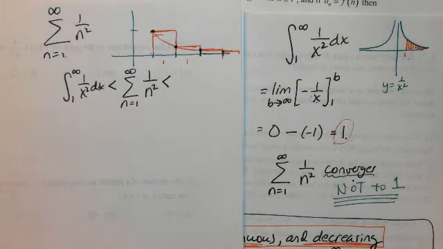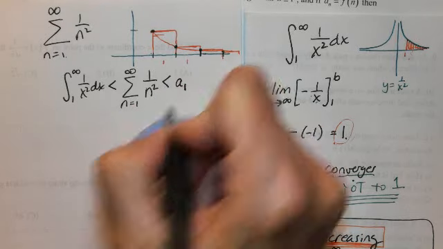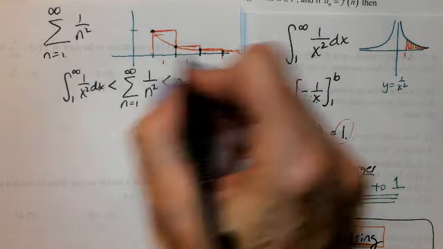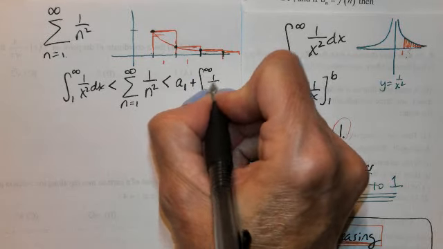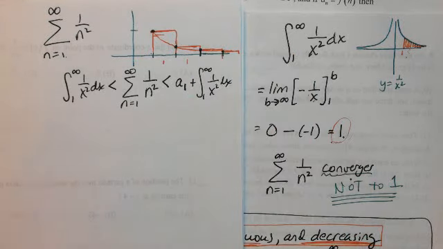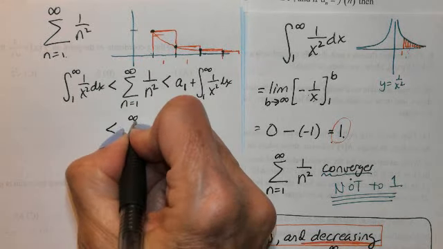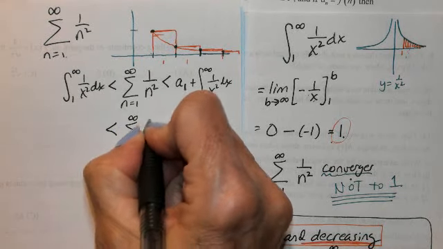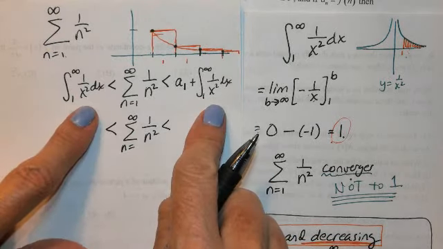I also know what it's bounded at the top by. It's bounded at the top by the very first term, whatever the very first term is, plus the value of that integral. So for us, if we wanted to know about what this sum is, we don't know exactly, but we know what it's between.